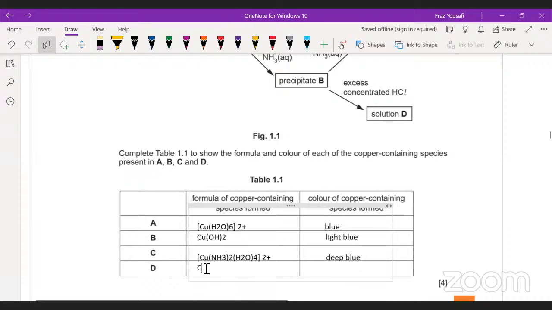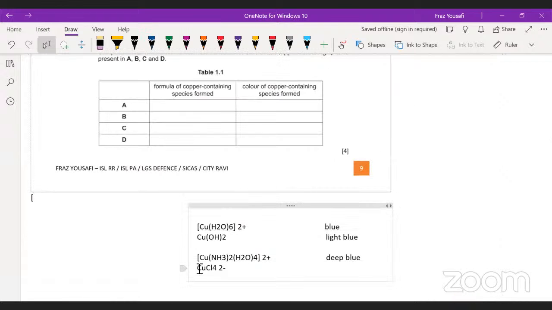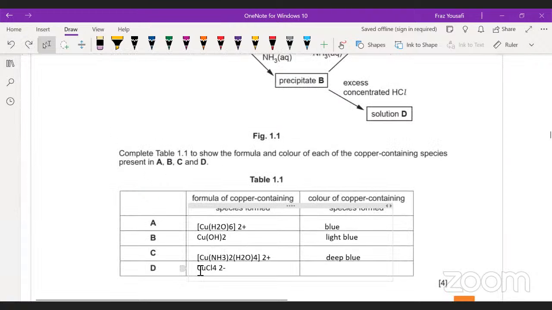And then the last one would simply be this. CuCl4 and the color would be yellow.